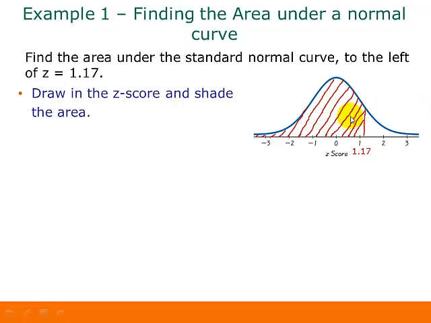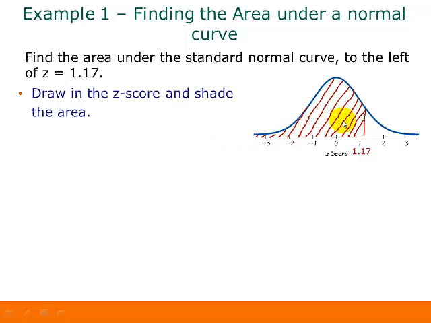Now we're going to use the picture to figure out what our lower bound and upper bound for the z-values are. Another thing about normal distributions is that they don't actually stop. They continue on in each direction, both to the left and to the right.